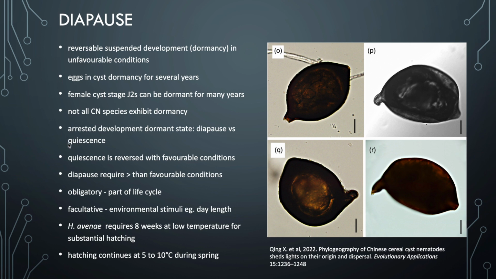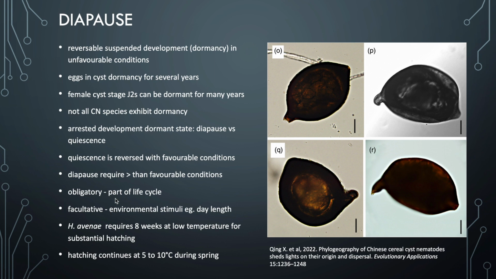And there are 2 different types of dormancy or arrested development dormant state, and that is diapause versus quiescence. So quiescence is reversed with favorable conditions, whereas diapause actually requires more than just favorable conditions to be present. In some species, it is an obligatory part of the life cycle.